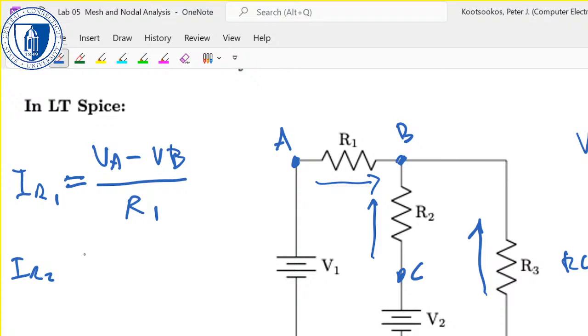IR2 is VC minus VB on R2 because of the direction I've chosen, and IR3 is just 0 minus VB.